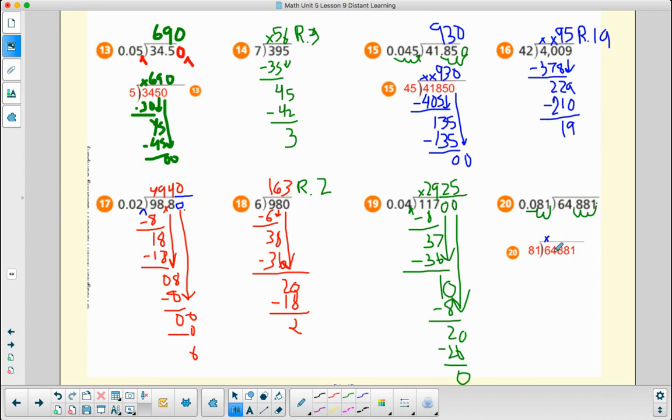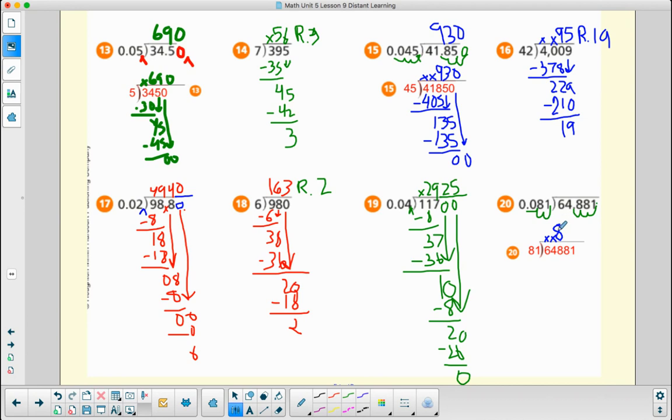Can't take 81s out of 6. Can't make groups of 81 in 64. So 648. Well, thinking of 80, how many 8s in 64 are 8? So I'm hopeful it's 8.